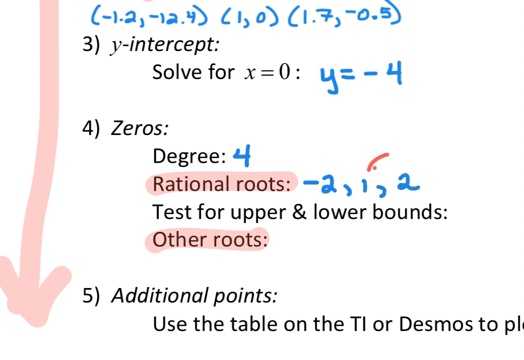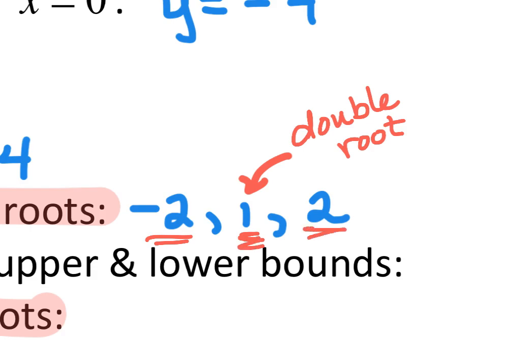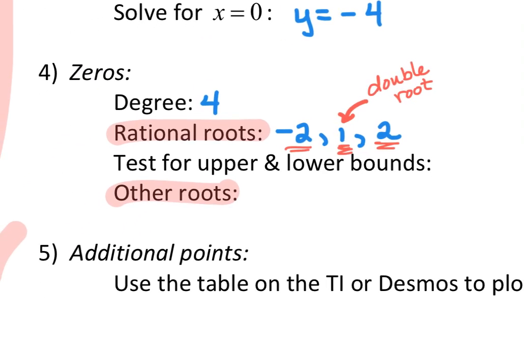And notice that there's a bounce in the graph at +1, and so that's going to be a double root. And so in this case, you've got 1, 2, 3, 4. You've got 4 rational roots. Therefore, there shouldn't be any other roots, so we're going to go ahead and write none here.